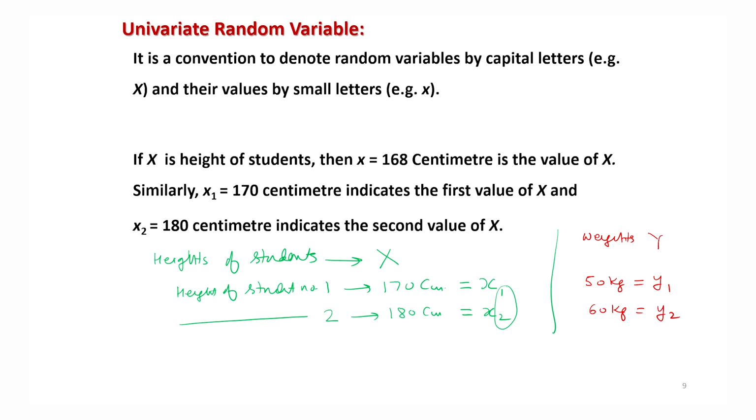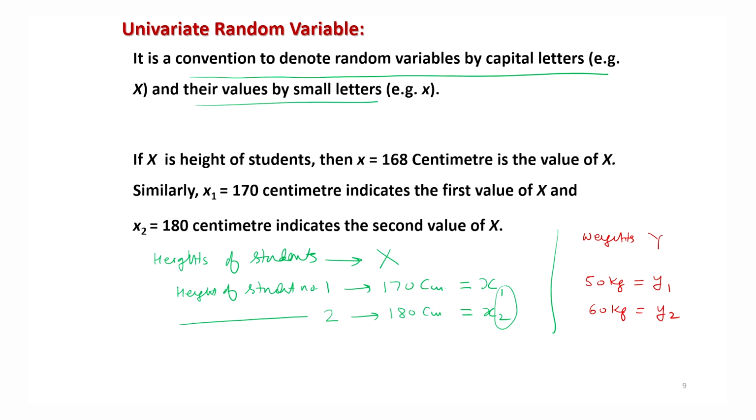So if you try to see what I have done, I am indicating the random variables by uppercase alphabets and their values by lowercase alphabets. So actually this is a convention in statistics to denote the random variables by capital letters, uppercase alphabets, and their values by small letters, lowercase alphabets.